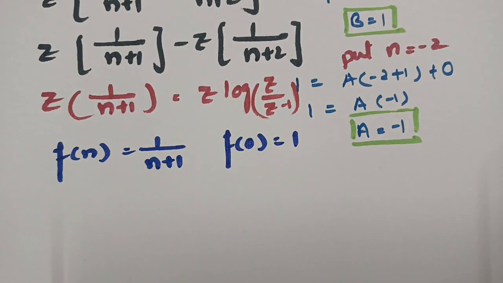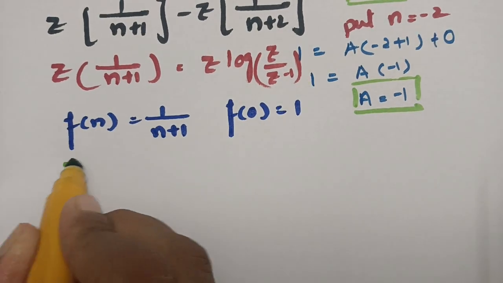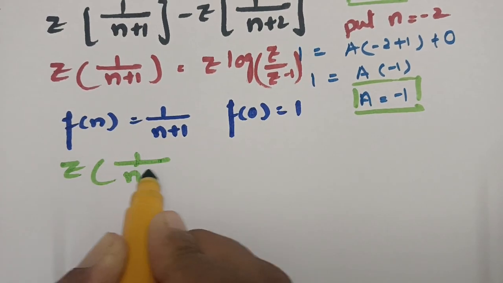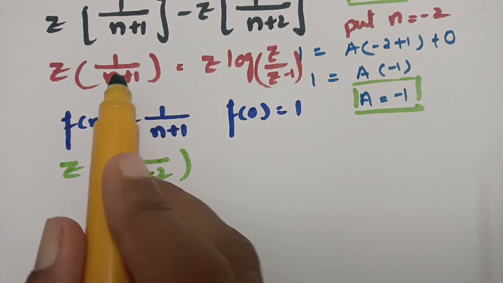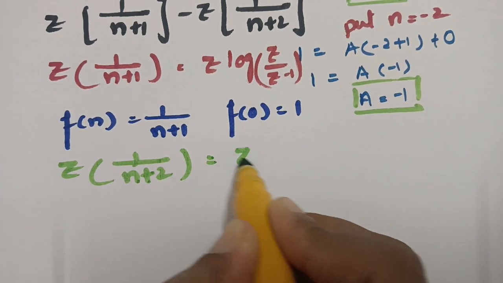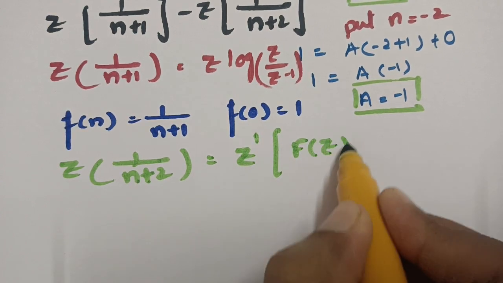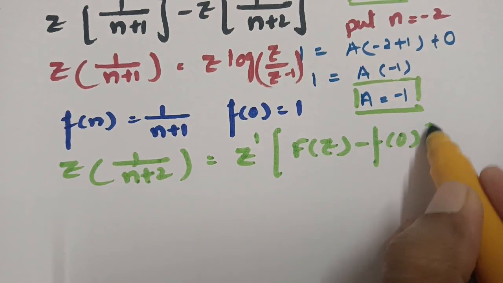So according to our shifting property, what is this shifting property? We have to shift for 1 unit. That is, the Z transform of f of n plus 2. If I am shifting towards the left for 1 unit, then this will be Z power 1 into capital F of Z minus f of 0.